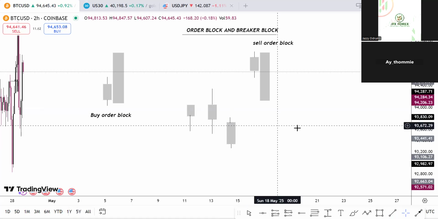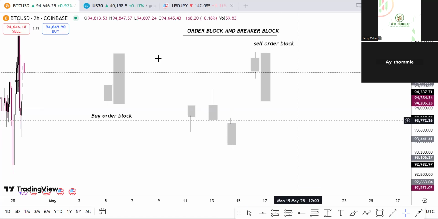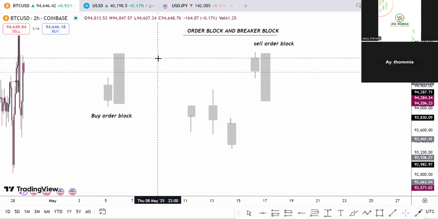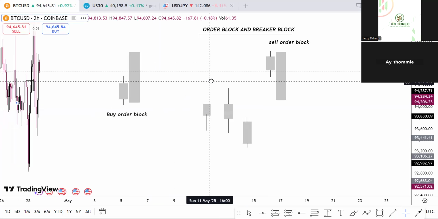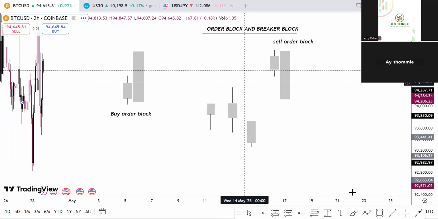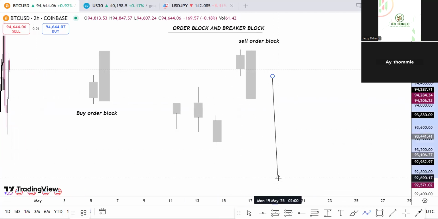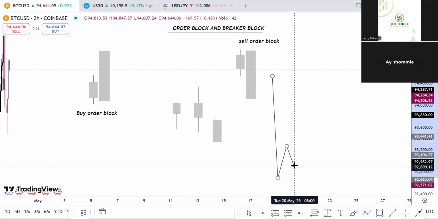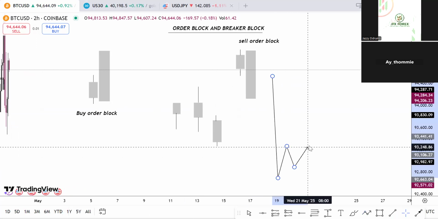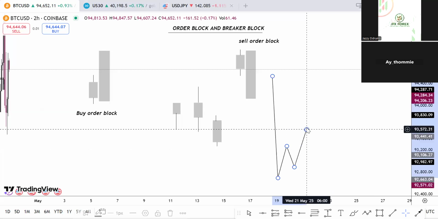But the most important thing is what we're talking about now: how to spot your order blocks. Once you have your entry model like this, your entry model is lying like this.